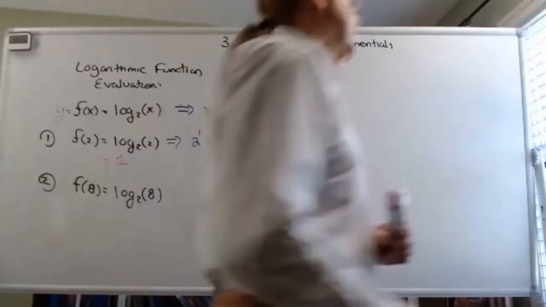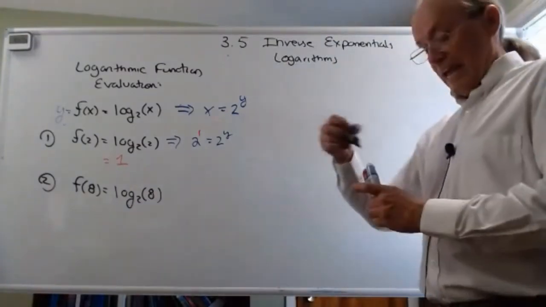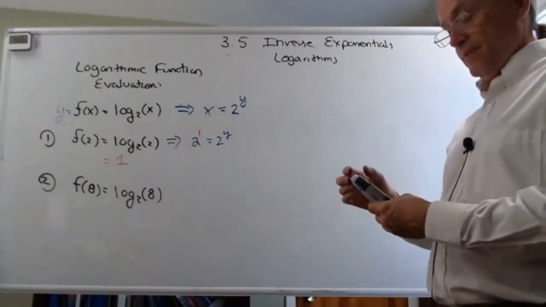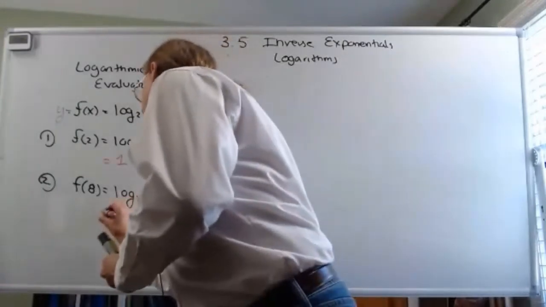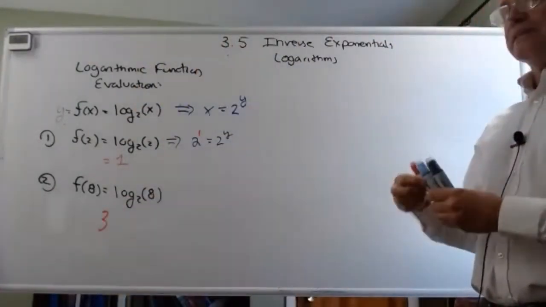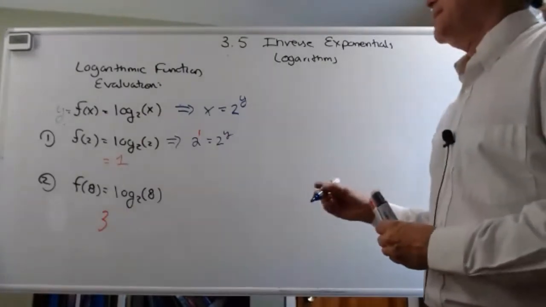Try that for a second and see what you get. Use its exponential form. And hopefully you will get this number out. Does anybody want to see how I got 3 out of that?